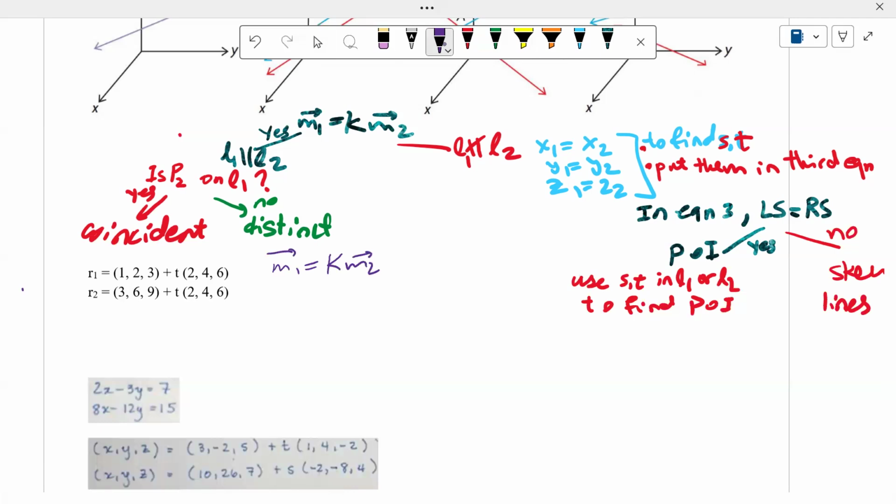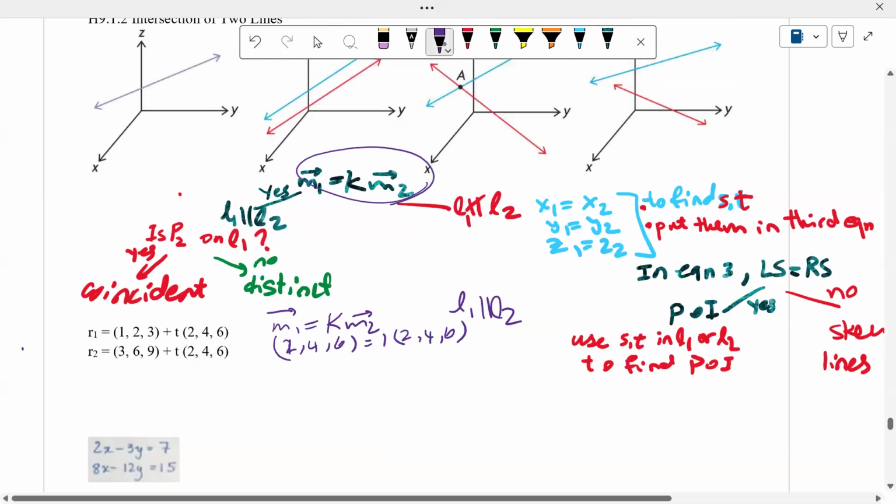When I put them, I get, maybe I should write it down, 2, 4, 6 is equal to 1 times 2, 4, 6. In other words, line 1 is parallel to line 2. So in other words, it's the first case scenario.